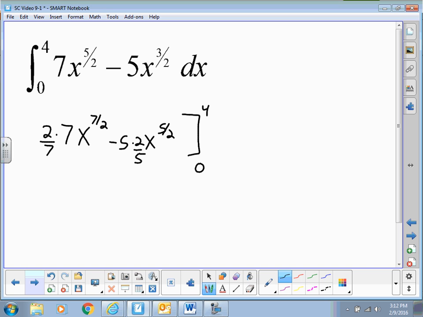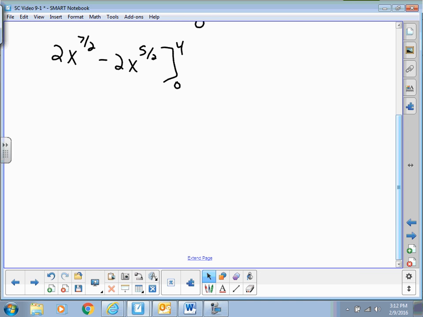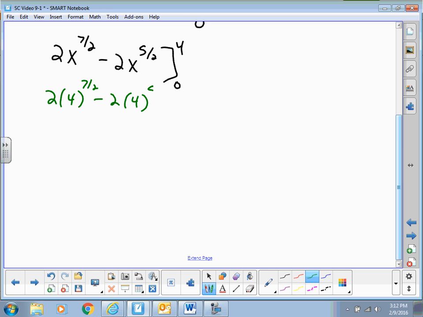Well, if we neaten this up, these 7s cancel out, so we have 2x to the 7/2. These 5s cancel out, so we have minus 2x to the 5/2. And we still have to evaluate it from 0 to 4. So if we sub in 4, and because we have 2 parts here, when we sub in 0, we'll want to make sure we put it in parentheses.